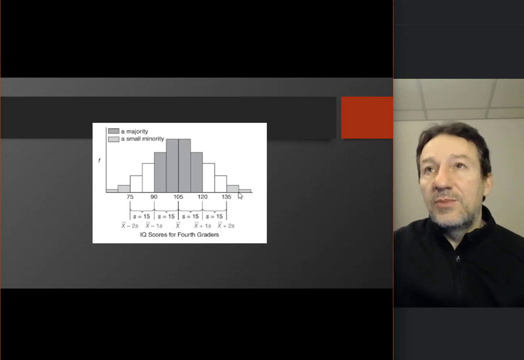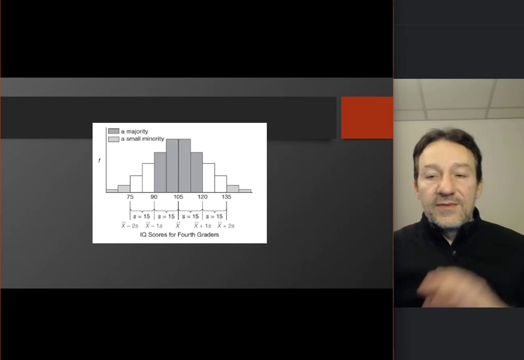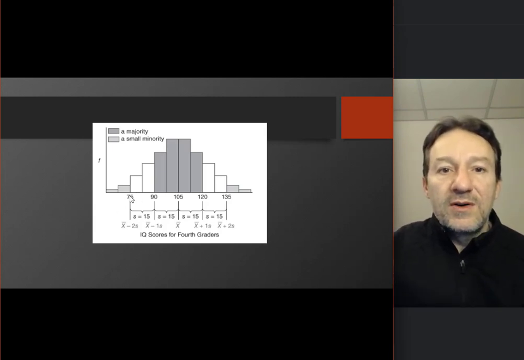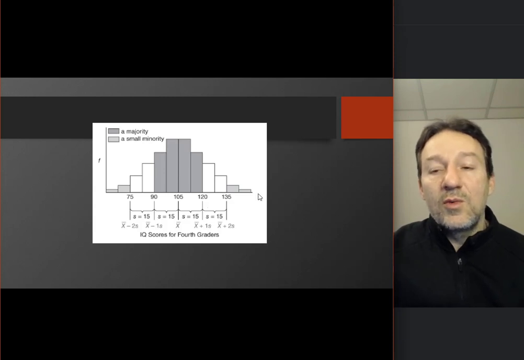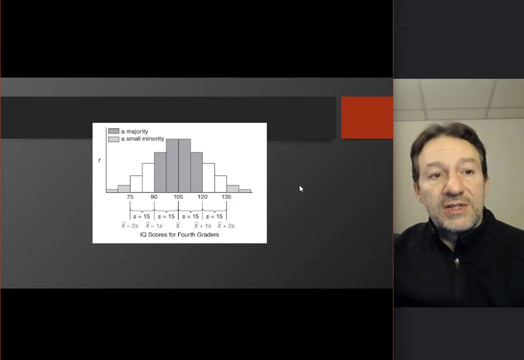And this will be important later on when we're talking about t-tests and things of this nature. But yeah, 95% are 2 standard deviations either direction. Leaves us with 5%. And that 5%, if you divide it out on each end, it's 2.5. So 2.5 are 75 or under, and 2.5 are 135 or over. This is for a standard distribution and normal distribution.